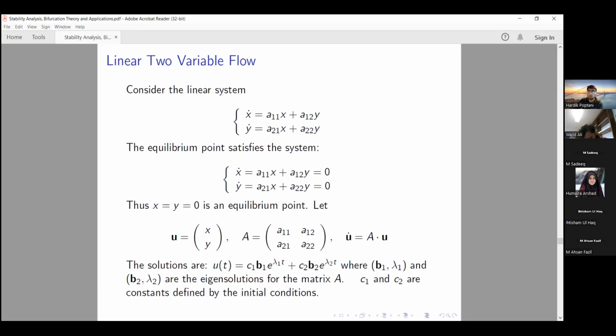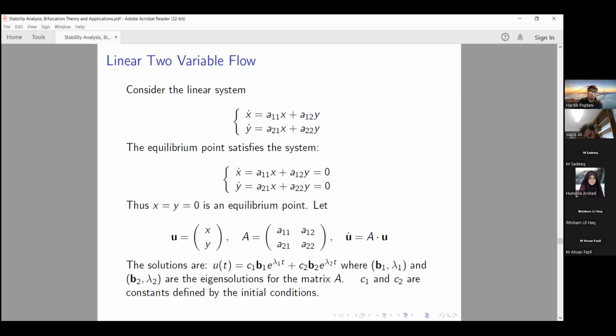We have seen previously for the one-variable case that the solutions are very similar. In terms of u, they are C1 B1 e to the power lambda 1 t plus C2 B2 e to the power lambda 2 t, where B1 and lambda 1 form an eigensolution, B1 being an eigenvector and lambda 1 an eigenvalue.